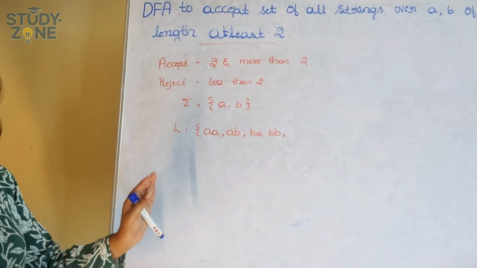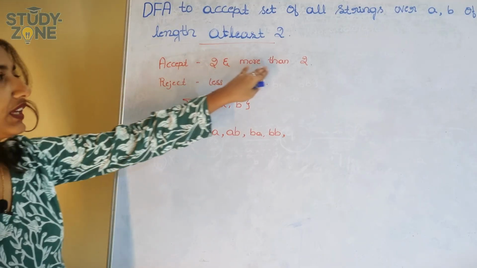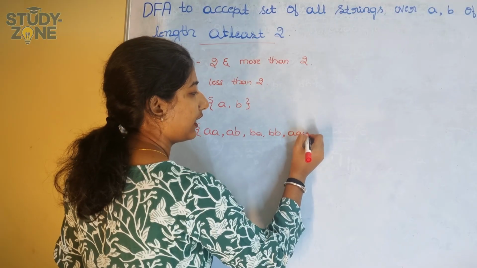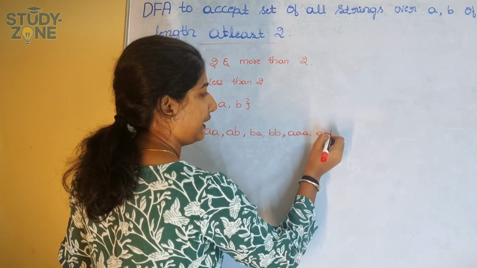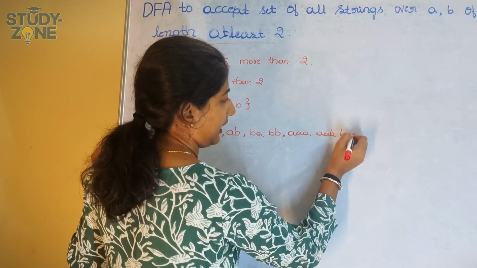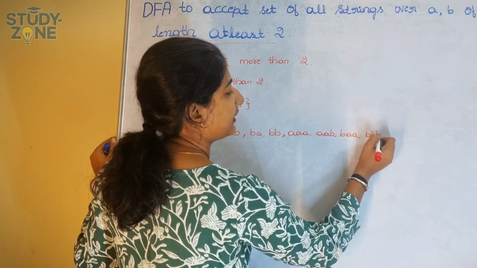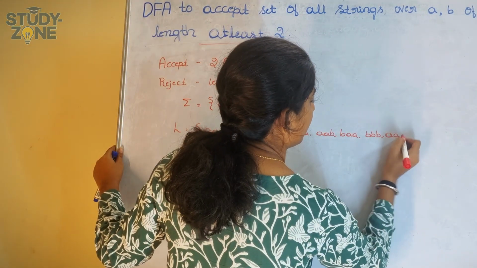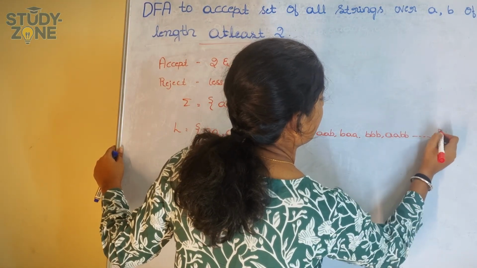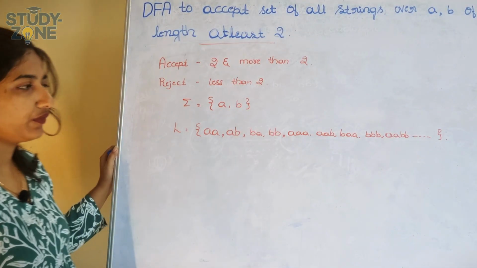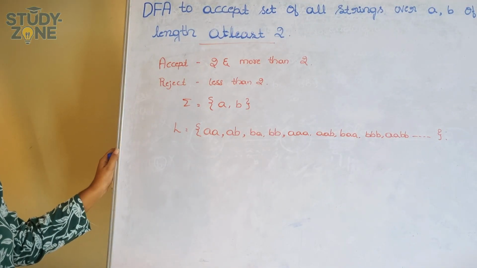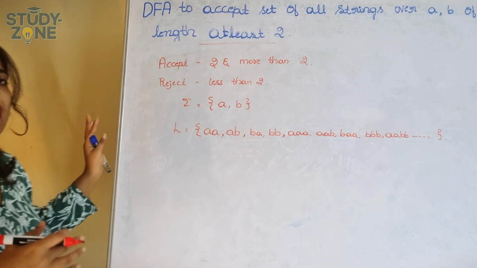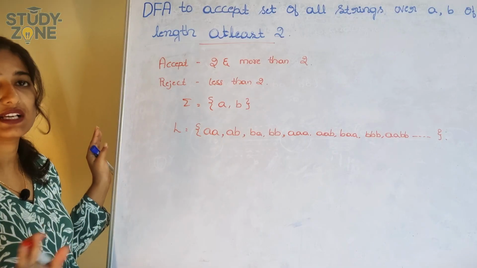Now 2 is done, and at least 2 means we can write more than 2. So I am writing AAA or AAB, BAA, BBB, anything like that, or I will write 4 characters, AABB. So we can write a lot of combinations like this, right? Here it is at least 2, more than 2. It can be any number of characters, but it should be at least 2.